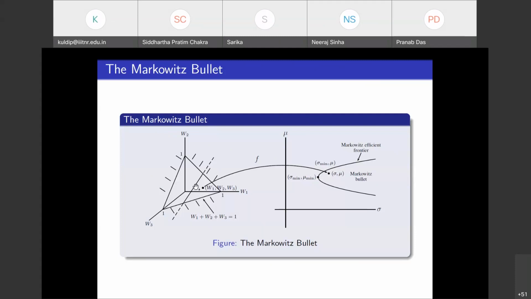And this mapping here is basically a one-to-one onto mapping. You can show that this is a one-to-one onto mapping. So every point on this curve would have come from a unique value of W1, W2, W3. The same argument can be extended to an n-dimensional system where there are n number of facets; the right-hand side does not change, only the left.